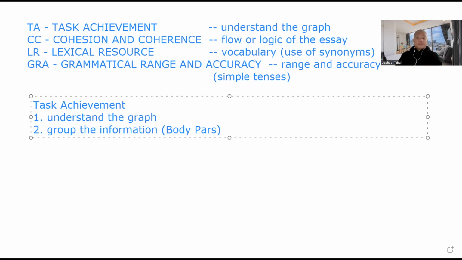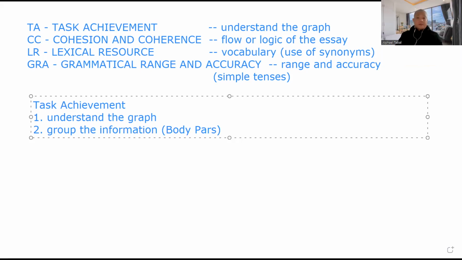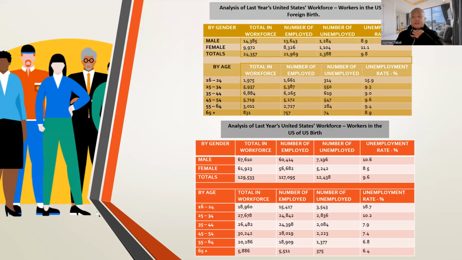Many of my students actually found this really complex. The information is very overwhelming, and they get stuck planning the essay for more than 5, 6, 7, 8 minutes because of overwhelming information.